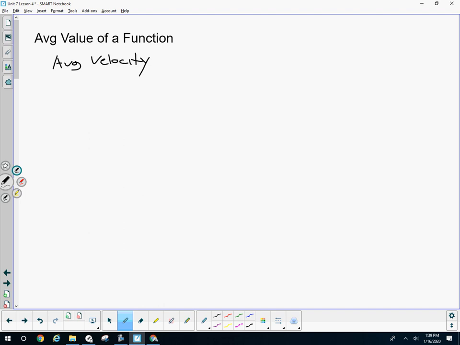Redeeming ourselves from the commentary. Slopes of position give us velocities. To get an average velocity, I would use an average rate of change, a secant slope of position.